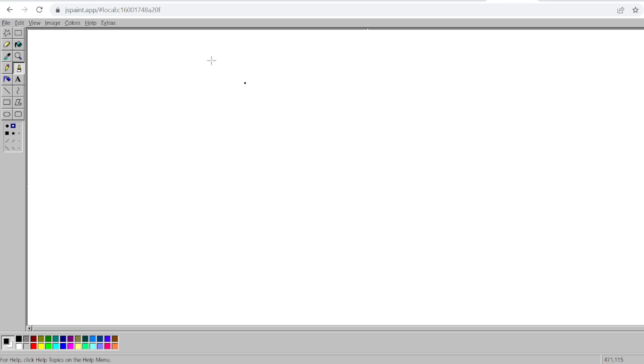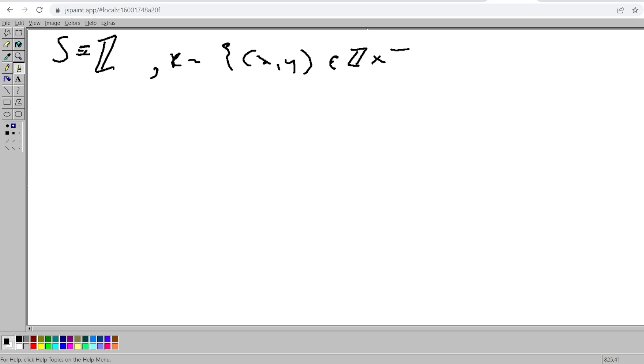So we have S is equal to the set of all integers, and we have R is the set of (x, y) in Z times Z with the property that x minus y is even. Now, is this an equivalence relation?